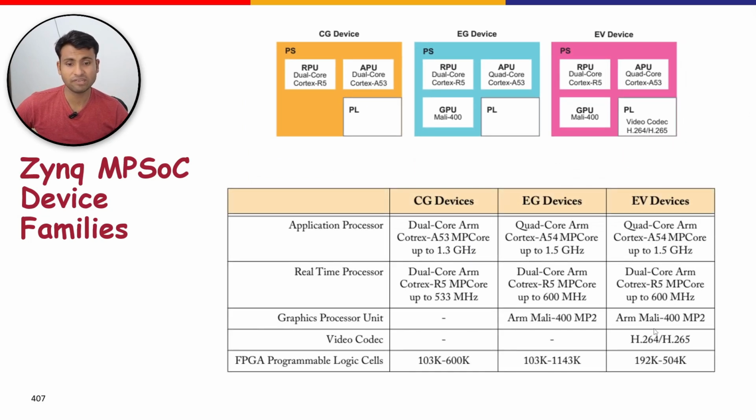Only in EV devices do we have H264 and H265 available. As far as PL logic cells are concerned, they range from 100K to 600K in the CG devices. So these are the device families. Inside them, depending on your use case or application scenario, you can choose different variations within the family, the different models.